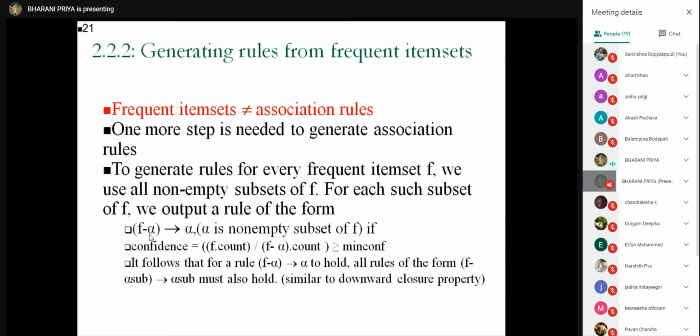Out of them, we are taking a subset, which we are representing as alpha, and we are framing the rule F minus alpha associates alpha. For this rule to hold, the rule F minus alpha sub associates alpha sub, where alpha sub is a subset of this alpha, must also hold. That means while generating the rules also, we are going for the downward closure property.